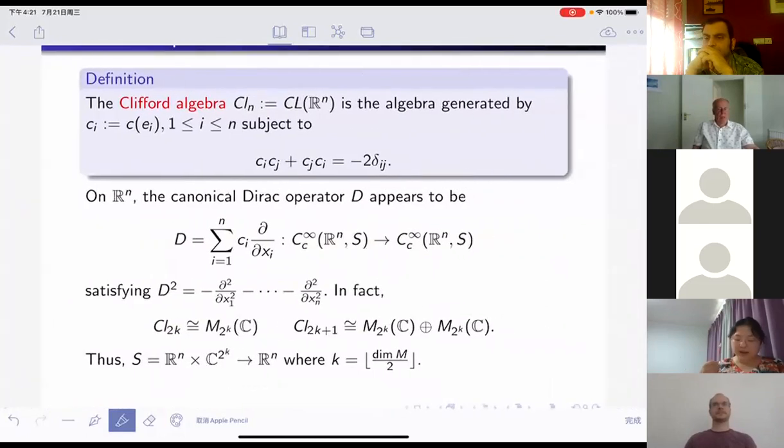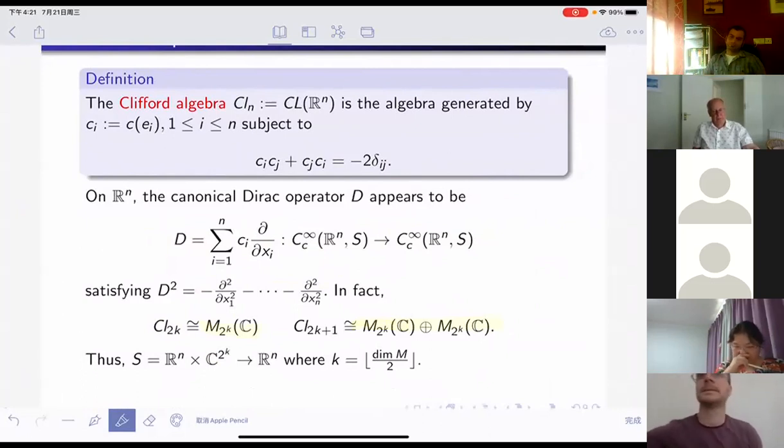And one can easily check that if we use this matrix representation of the Clifford algebra, these Dirac operators on R^n are acting on C^(2^k). And one can check that is the minimal one can achieve. So this is the canonical Dirac operator we would like to have.